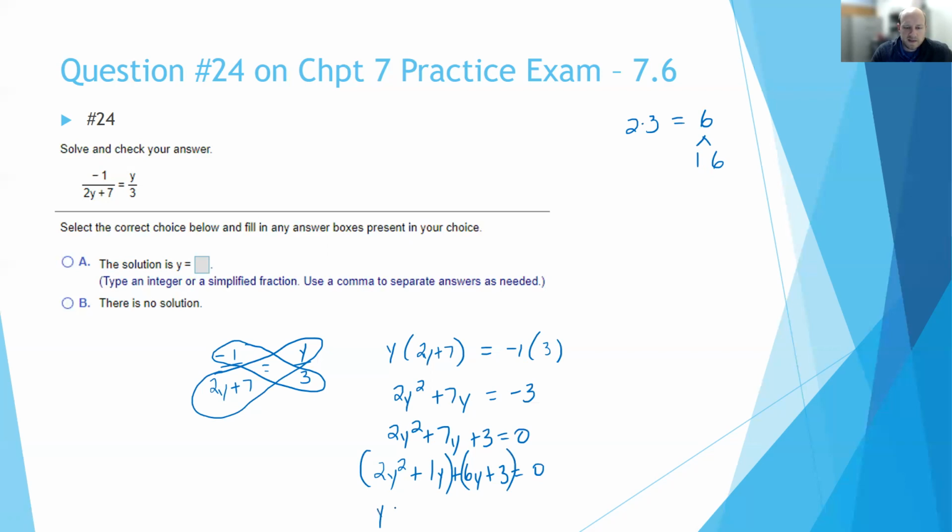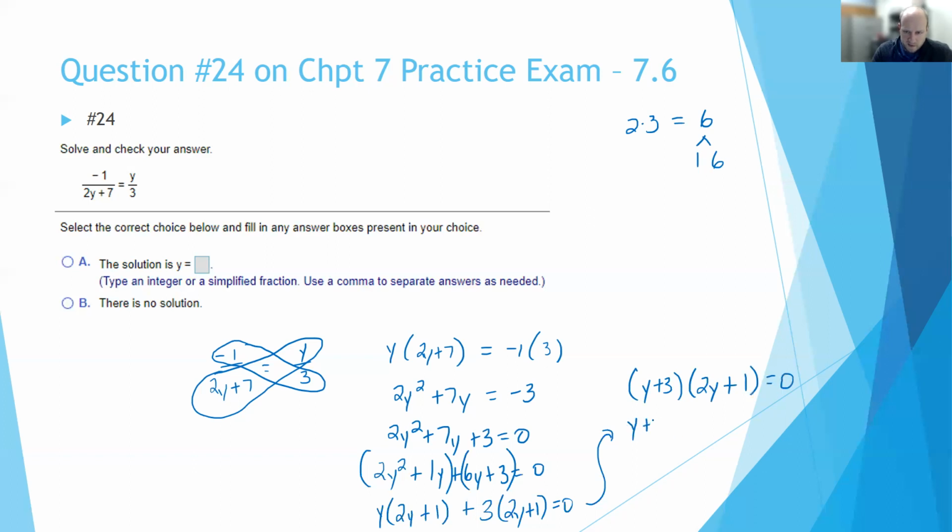When we factor, I can factor out a y from this first pair, so this is going to be y times 2y plus 1. Then I can take out a 3 from the second one, and that's again 2y plus 1. And then this becomes y plus 3 times that common factor 2y plus 1.